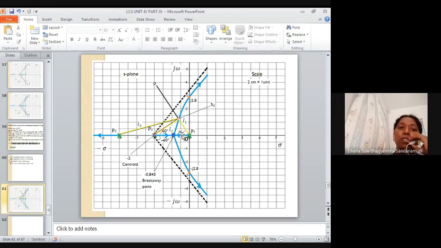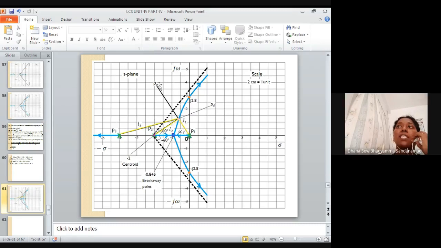I hope you are able to see this alpha. If you are unable to see, just expand your screen and look at the angle. So alpha is equal to 60 degrees here. Now, this OP line, moving from this origin, making an angle of 60 degrees, is meeting this root locus at a certain point, isn't it?